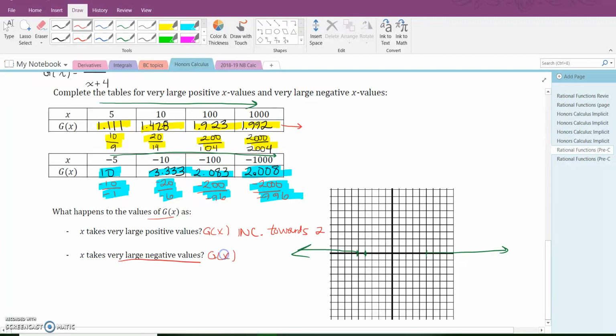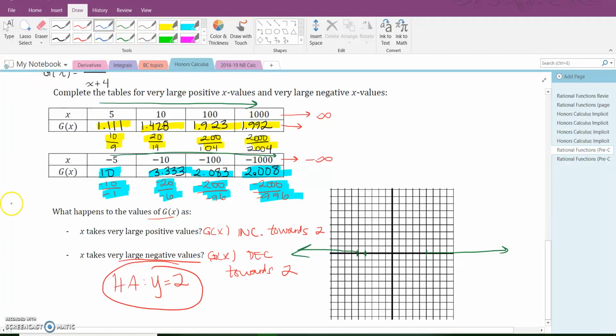So g of x decreases, still towards 2. You're going to need to be able to draw a graph given just asymptotes. So here, this is giving us our horizontal asymptote. By definition, a horizontal asymptote is what happens as you go towards infinity and towards -infinity.